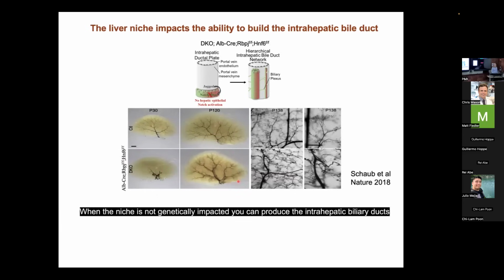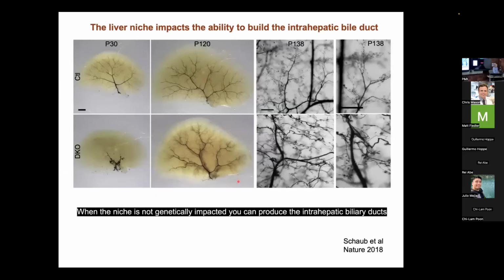So what the hell is happening in this mouse? And what she found is, as opposed to people, they're total knockouts. In the mouse, she can knock it out in one cell type or the other. And by doing this, what she actually found was that in animals where only a certain cell type is knocked out, the hepatocytes will become cholangiocytes and rescue the phenotype, and will transdifferentiate.